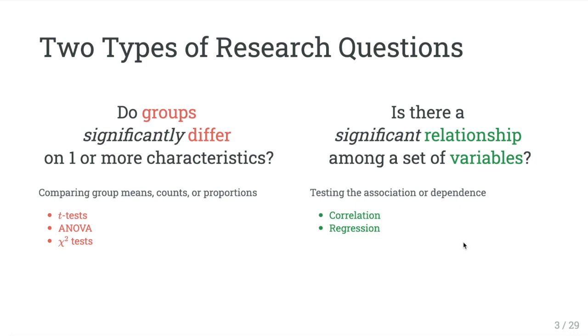What you'll find out at the end is regression is kind of a blanket term that does all of this stuff basically, except for chi-square tests. But it's really good for you to understand when you're thinking about a research question, these are your two core categories on how to decide what your research question is.